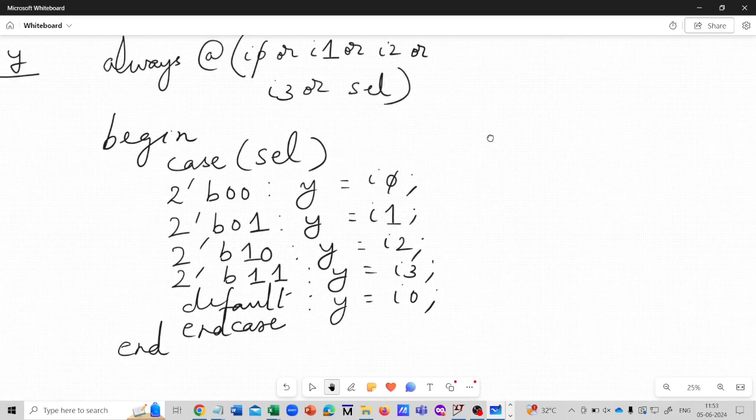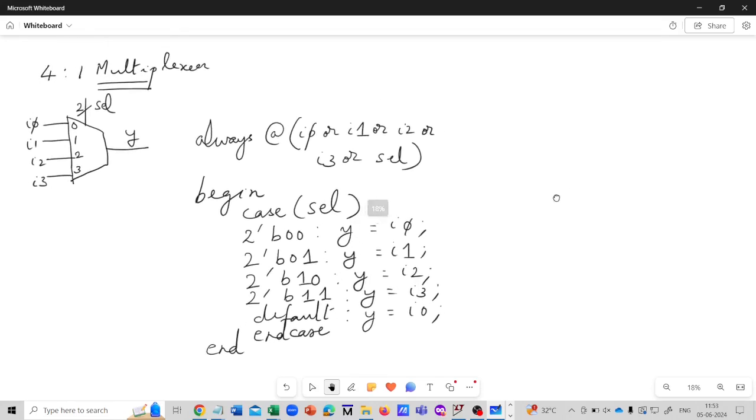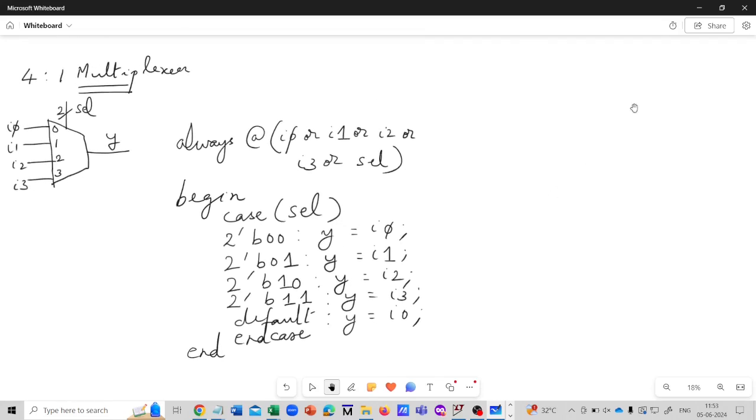Of course, naturally the question will arise, can we use an if then else block for describing this multiplexer? It is acceptable. You can also use an if then else block.